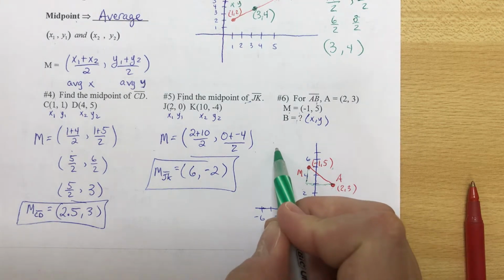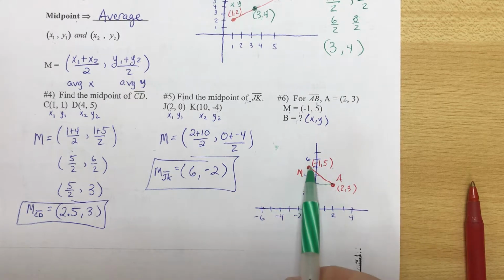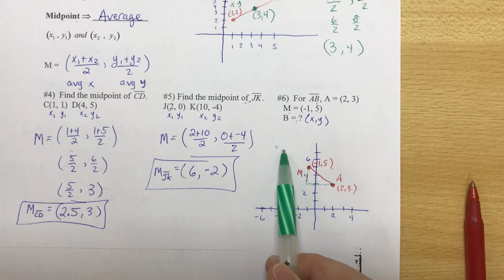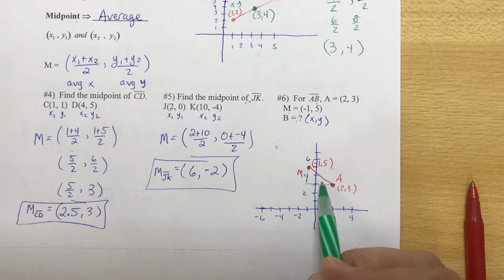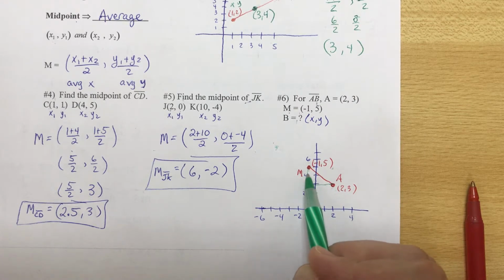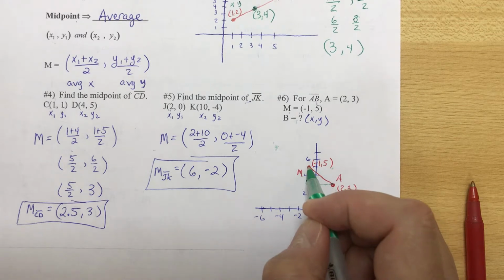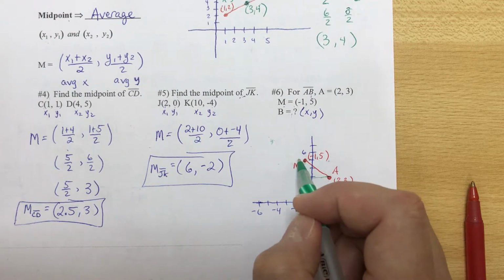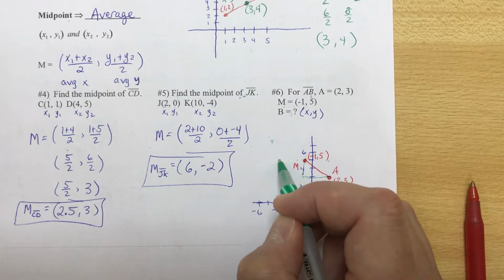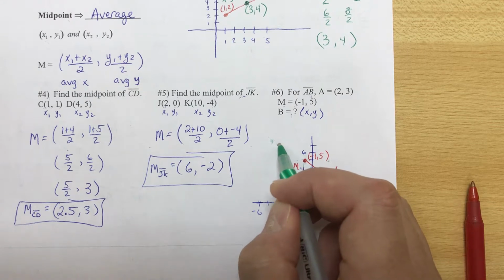I don't know exactly where B is, but I do know that since M is the midpoint, this length and the length of M to B have to be the same. So however I count to get from A to M, left 3 and up 2, I have to count the same way to get from M to B. So I'm going to go left, 1, 2, 3, and up 2.